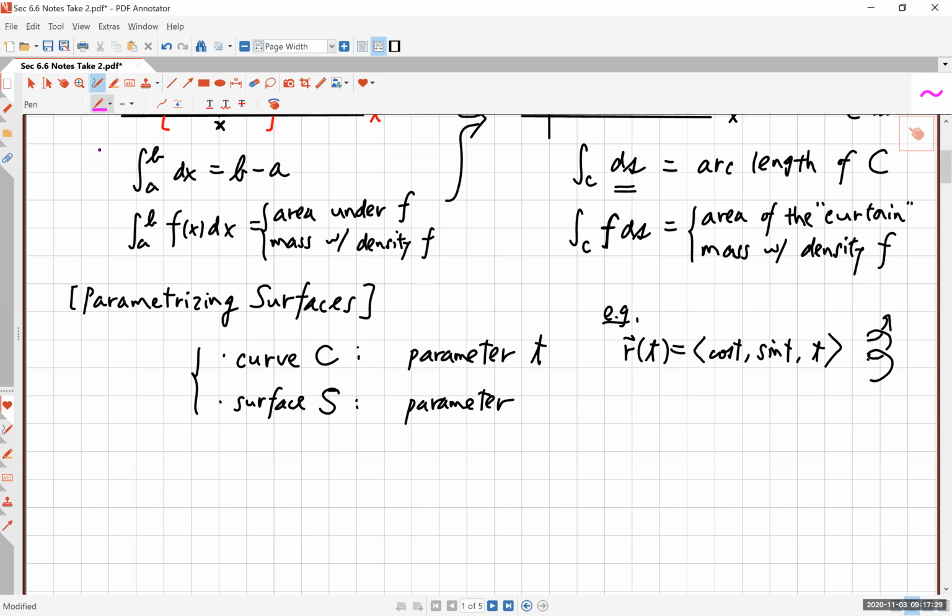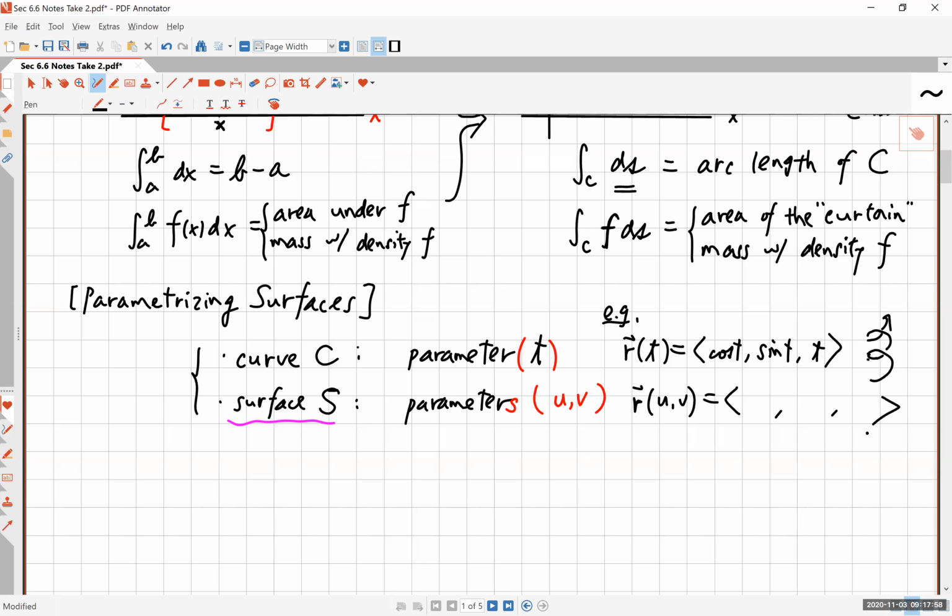So here's something new, right? If you are to parameterize a surface, you not only need one parameter, you need 2 parameters. And these are often called not S and T, but U and V. So the expression for the parameterization will be like this: R of UV is equal to, and it will have 3 dimensions because these surfaces live in 3-dimensional space.